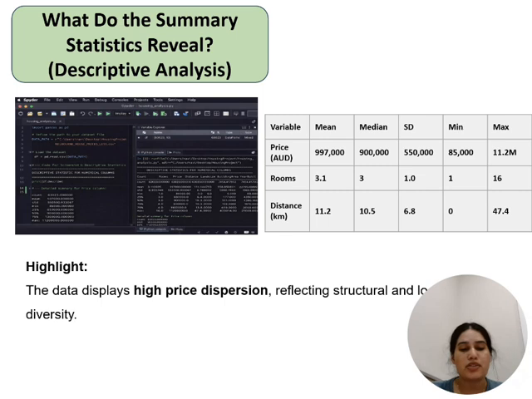The mean house price stands at approximately Australian 999,700, while the median is slightly lower at 900,000, reflecting inequality in the data distribution. The price range runs from 85,000 to 11.2 million. This descriptive layer is important because it defines the analytical context and confirms that the housing market has a wide structural range.